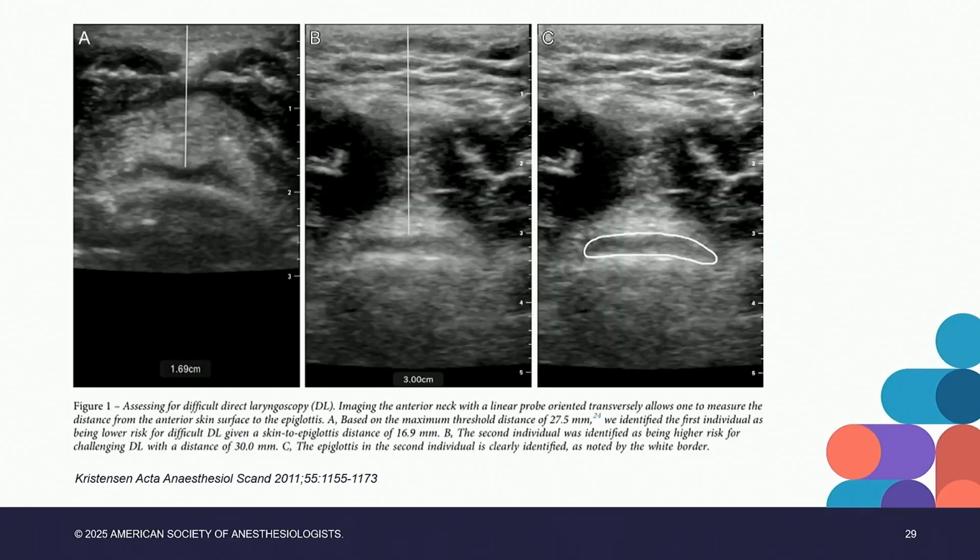And here also, that's the difference between an easy intubation patient with a 1.6 centimeter distance from the skin to epiglottis and a difficult intubation patient with a skin to epiglottis distance of 3 centimeter. It is a deep epiglottis. So when you have a deep epiglottis, you need to lift the laryngoscope very high to get it in view.